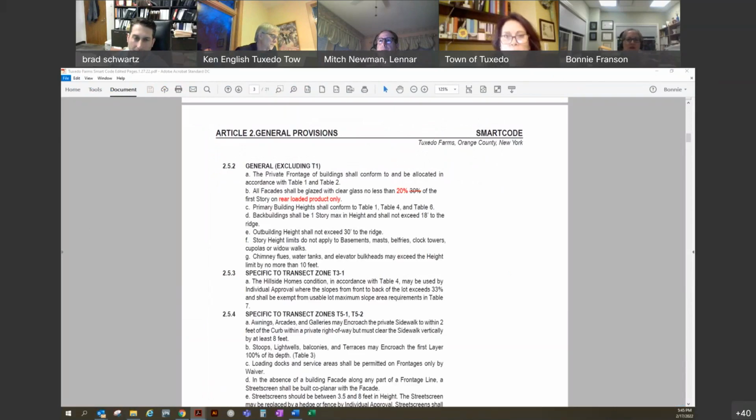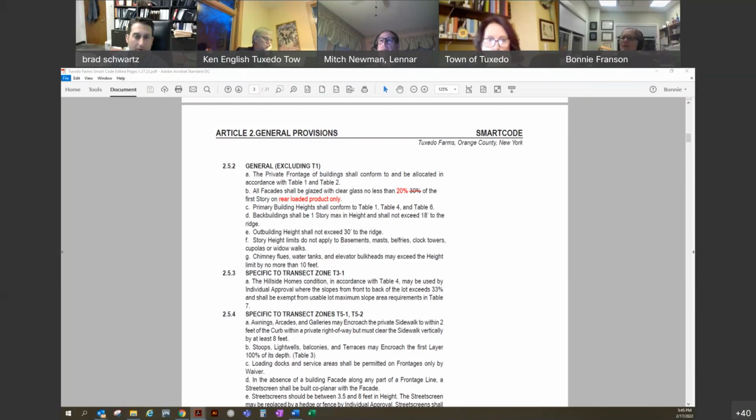I'm just trying to see. So it was all facades should be glazed with clear glass no less than 30% of the first story. Okay. Yours is on rear loaded products only. Yeah, we just did not want to eliminate the concept. We just wanted to focus it where it would work.